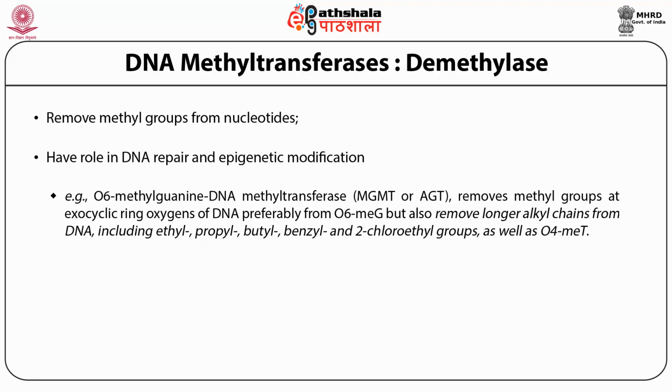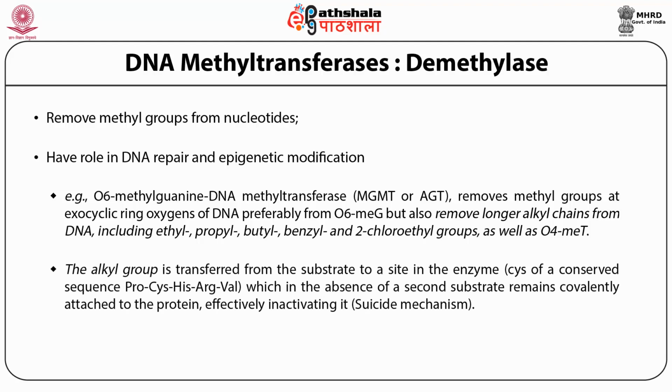This enzyme can remove a methyl group at exocyclic ring oxygens of DNA, preferably from the O6-methylguanine position, but also remove longer alkyl chains from DNA that may be ethyl, propyl, butyl, benzyl and 2-chloroethyl groups, as well as O4-methylated thymine.